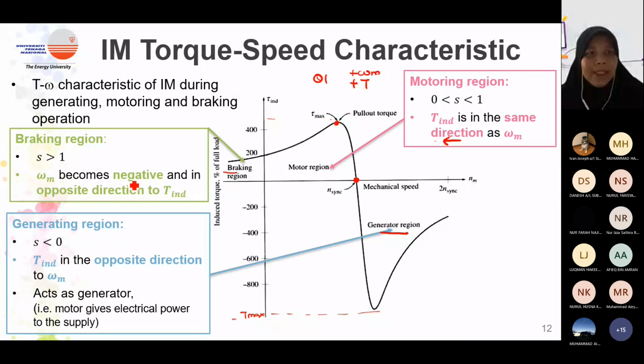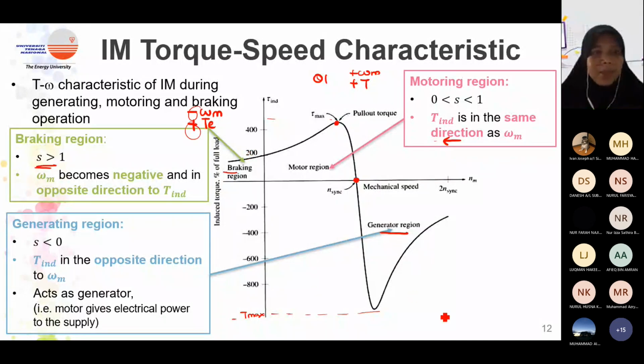In braking region, the slip must be greater than 1 and omega m become negative and in opposite direction to the torque. So kat sini omega m negative, but the torque is positive. So that's why we name it as braking. It's different direction, yeah. So S greater than 1.